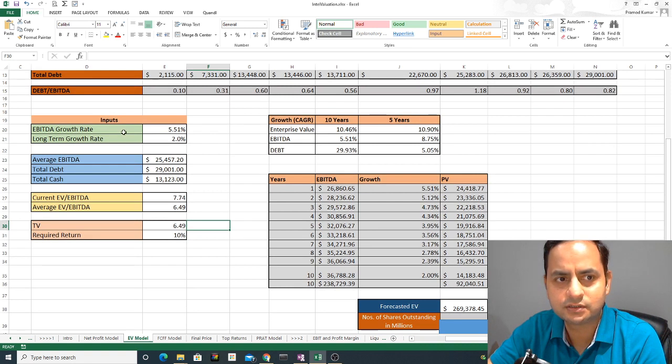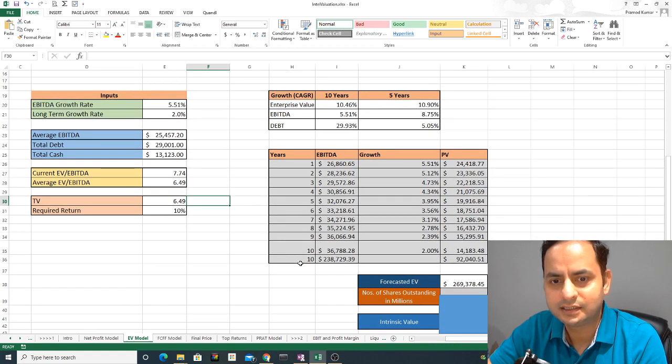I take the average EBITDA and grow it by 5.51%. Here again I am reducing the growth rate using the interpolation method each year up to 2%, and then do the discounted present value and come up with the present value.